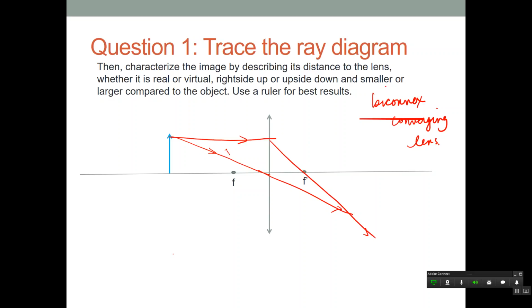The next one is through the focal point and then parallel. So I end up with this kind of situation here. And so my image is upside down.